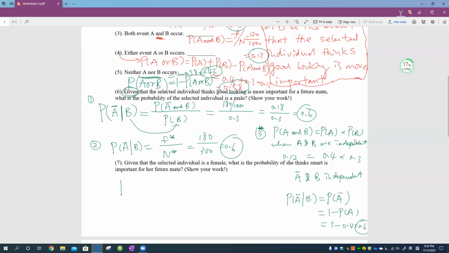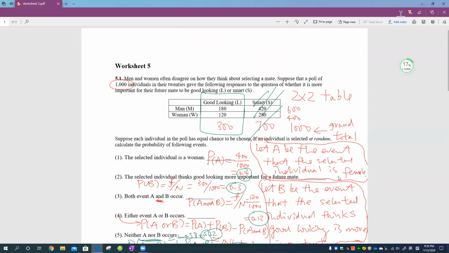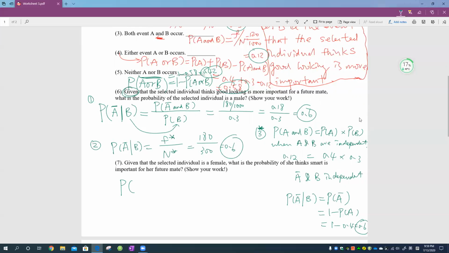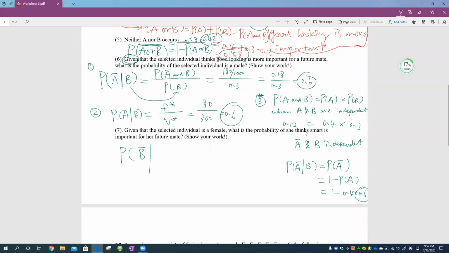So what is the probability that she thinks smart is more important? We have letter B defined as good looking, so smart is the rest of it. That's B complement, B bar. So the probability of B bar given what? The selected individual is a female. That's A. So B bar given A.